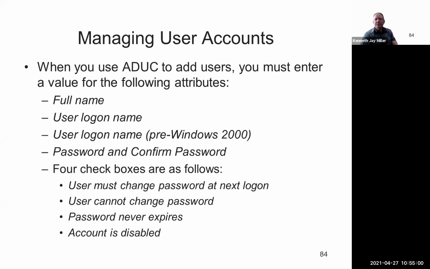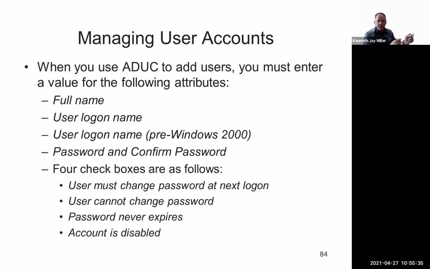Okay. When you use Active Directory Users and Computers, you must enter the full name, the user logon name, the user logon name which is pre-Windows 2000, the password and confirm password. There's 4 checkboxes. User must change password at next logon. You need to be careful with that one, because if they access their account through the website or through a web interface, and this is set to change password, they will not be able to ever access that account, because the only way you can change the password is if you're on the domain.